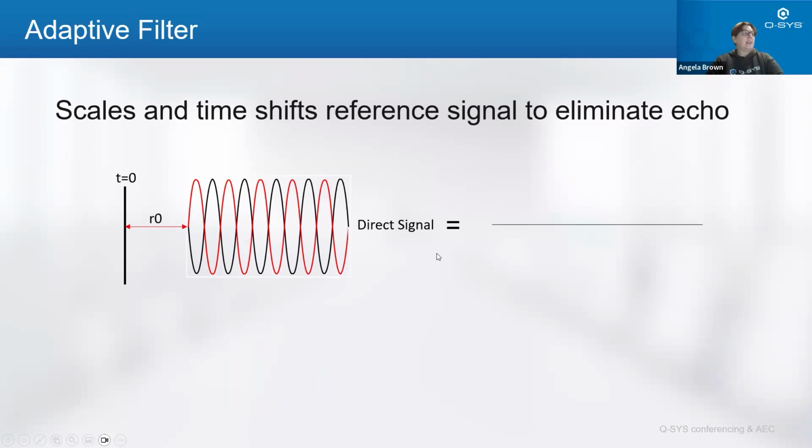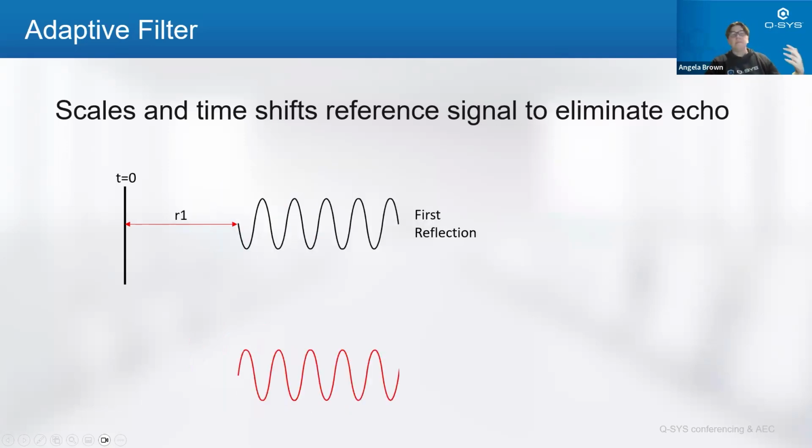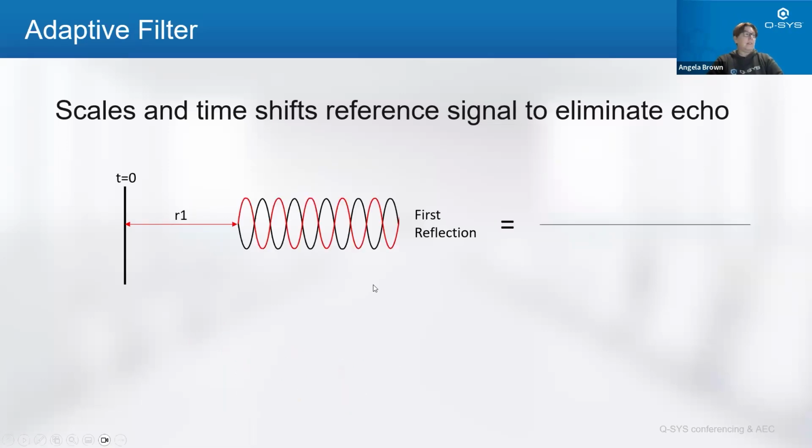So if we look at this, then we actually take our next reflection. So we have our next reflection, and okay, it's a different time and it's a different amplitude, and you can see the algorithm has adjusted the reference signal to those two differences, and then it does the same thing, sums them together, removes that echo.